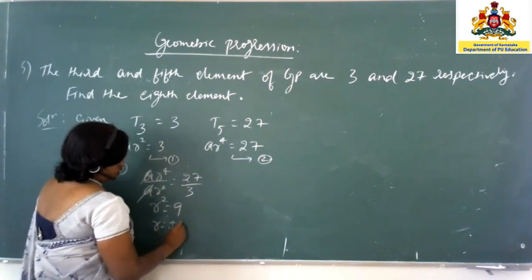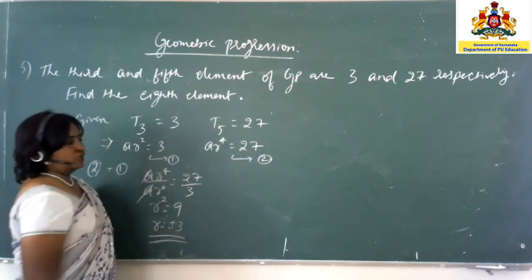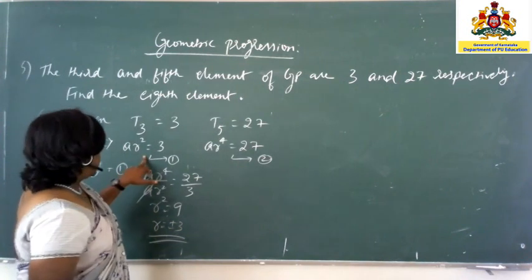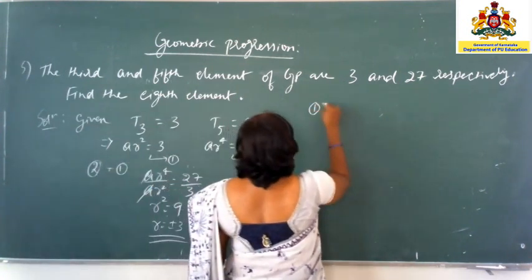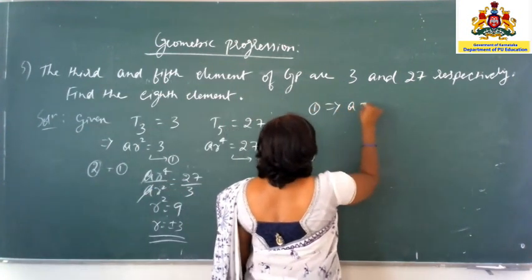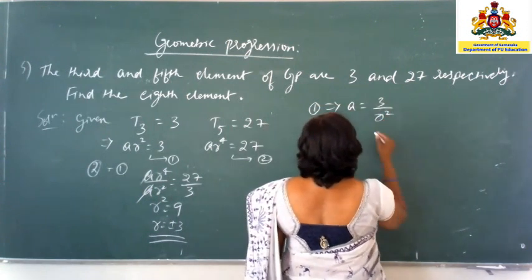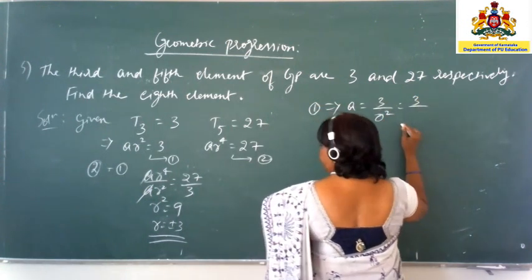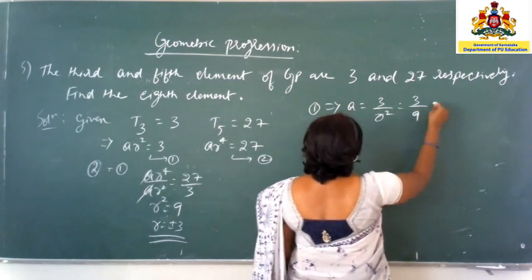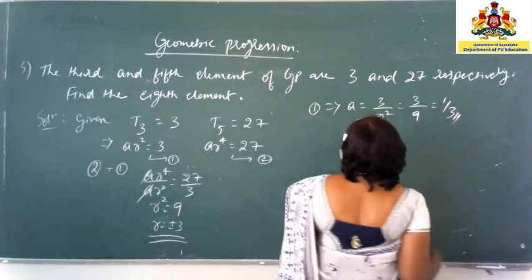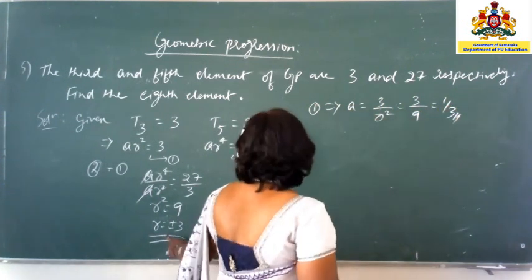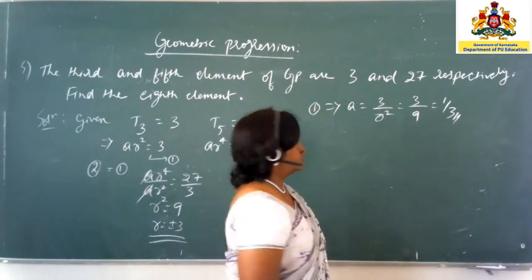R is equal to plus or minus 3. So consider 1. So 1 implies A is equal to 3 by R square. So that is equal to 3 by 9, 1 by 3. A is equal to 1 by 3, R is equal to plus or minus 3.